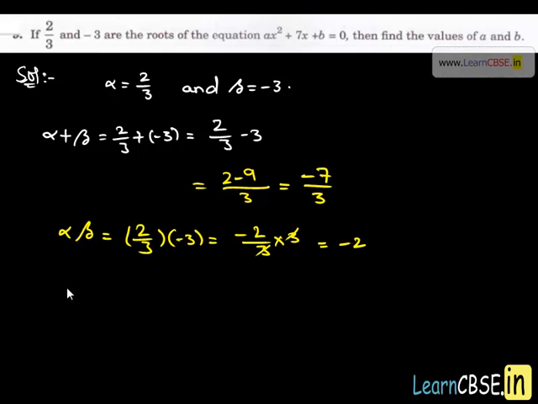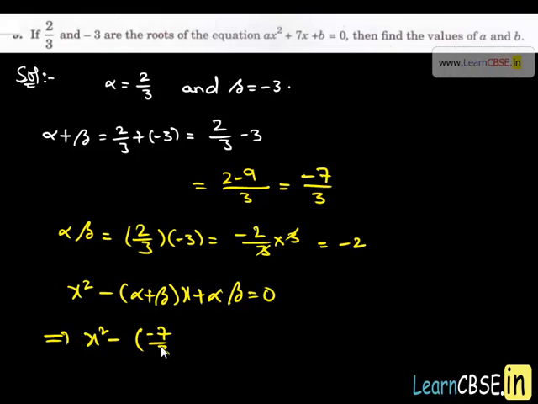We already framed an equation whose roots are alpha, beta: x square minus sum of the roots, which is alpha plus beta, times x plus product of the roots. By substituting these values, we get the equation x square negative sum of the roots is negative 7 upon 3 times x plus product of the roots is negative 2, which is equal to 0.